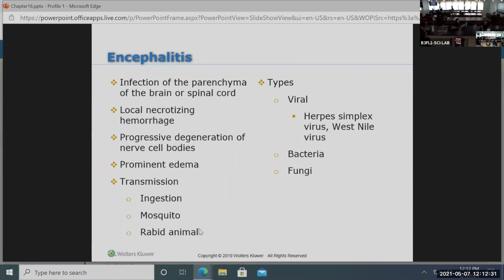Dog bite. The most common cause is virus, followed by bacteria. Look at the West Nile, highlight herpes simplex virus, highlight West Nile virus, mosquito, mosquito, mosquito. West Nile virus.